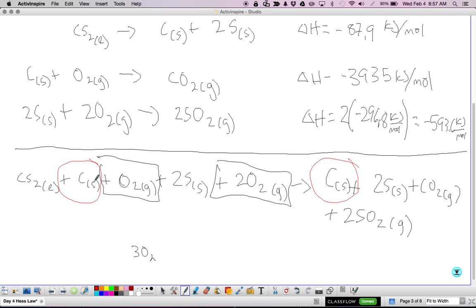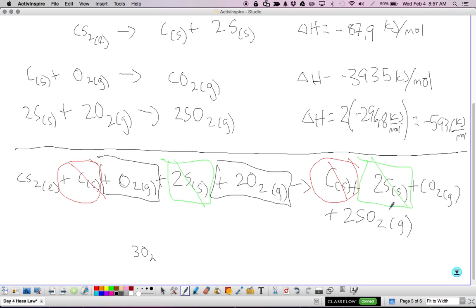If you have something that's on reactants and products within the reaction, that means that during the process of doing this overall equation, you create something and then you consume it. So those just go away. And notice that the same thing will happen with the sulfurs. I have 2 sulfurs over here, and I have 2 sulfurs over here. So those will also cancel out.